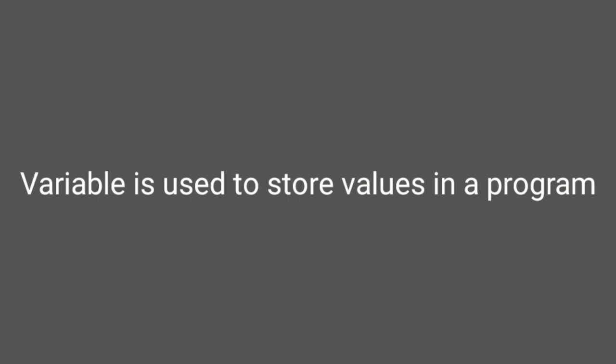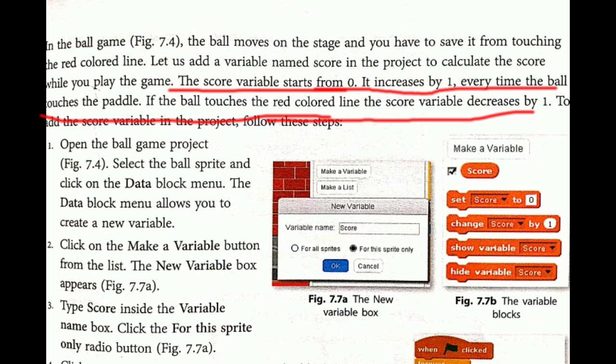Okay, so now let us see how we can create a project by adding this score variable into our ball game. In this game, initially our score value will start from 0 and it will increase by 1 every time the ball touches the paddle.